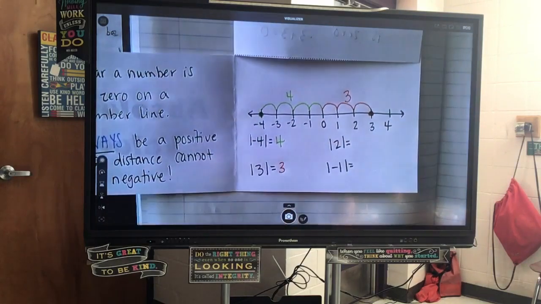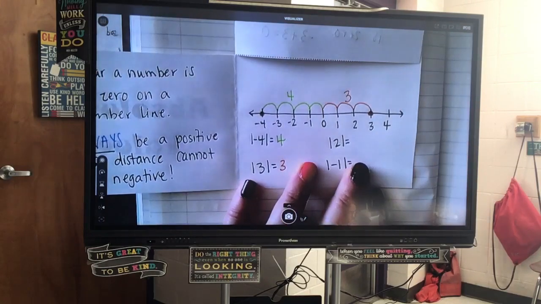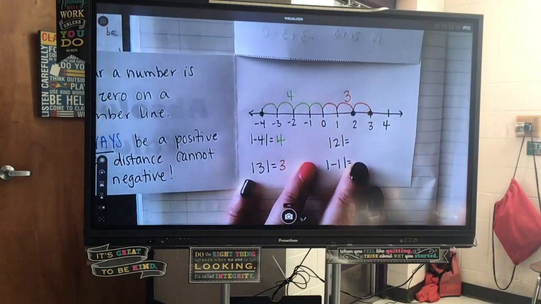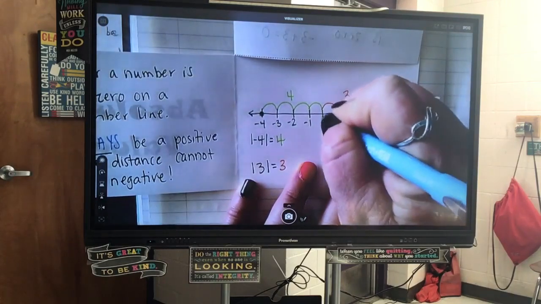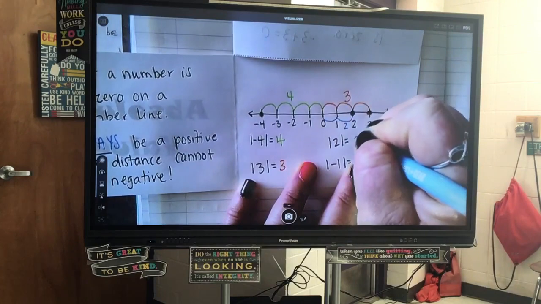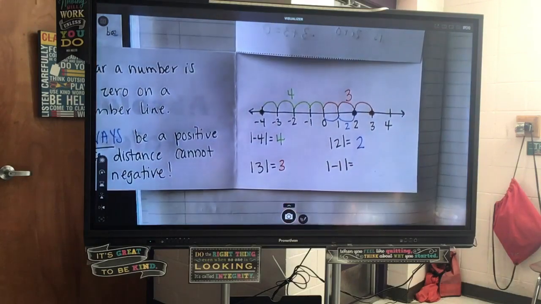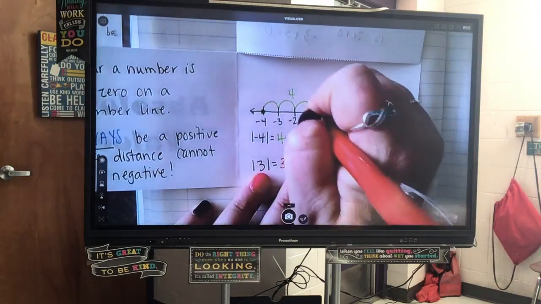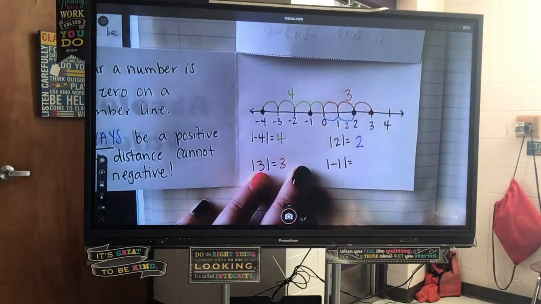All right, someone walk me through the absolute value of 2. All right, Delilah. Then you hop 2 times. Okay. And then the absolute value of -1. All right, William? Start with -1 and hop to 0.